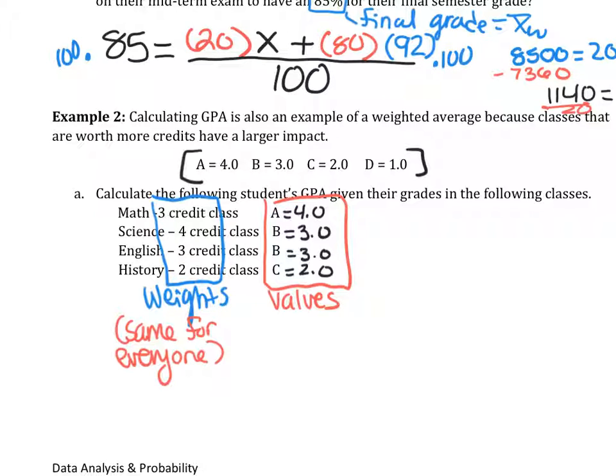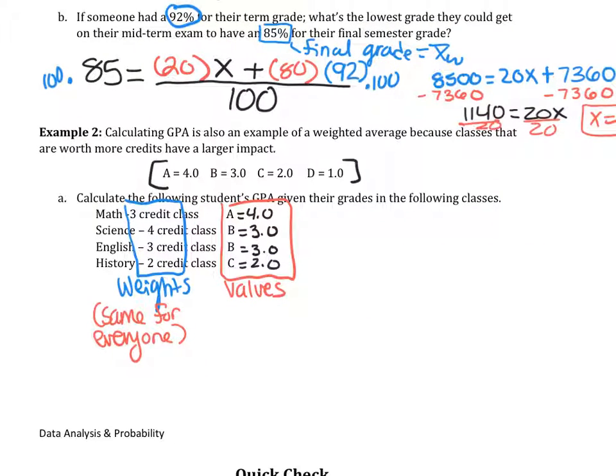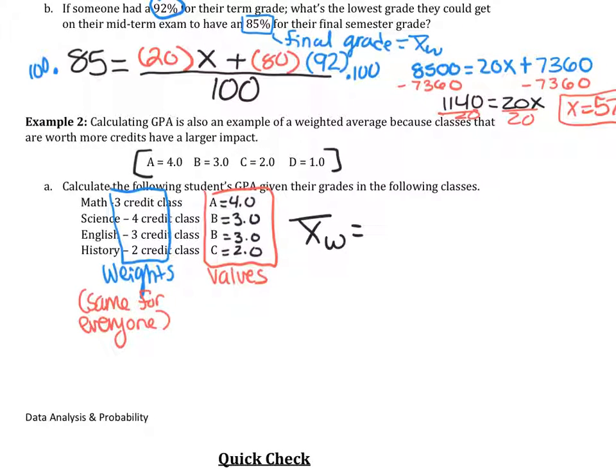Okay, so then when we do our weighted average, we're going to take the credits each class is worth times the GPA points that student has in that class. So we'll take 3 credits for math times the 4.0 grade. Plus, oh wait, I'll do it in red. I'll make it color-coded.